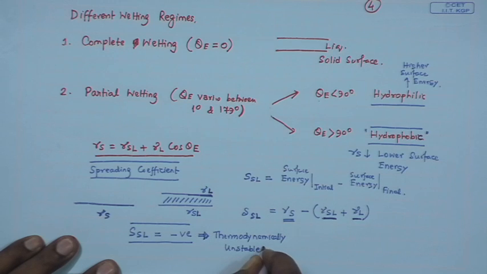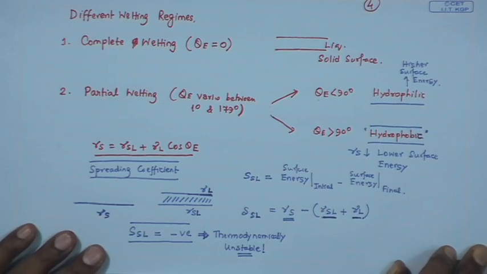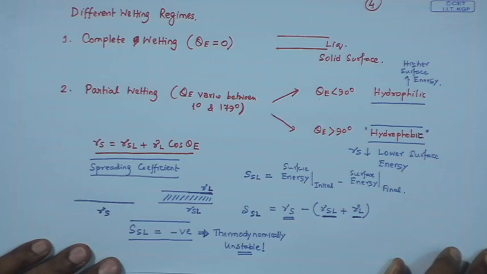You can still do maneuvers and maintain the stability of the film over a period of time. So, you can do some kinetic stabilization, or some other clever things to make a film stable, but thermodynamically this type of film is unstable.